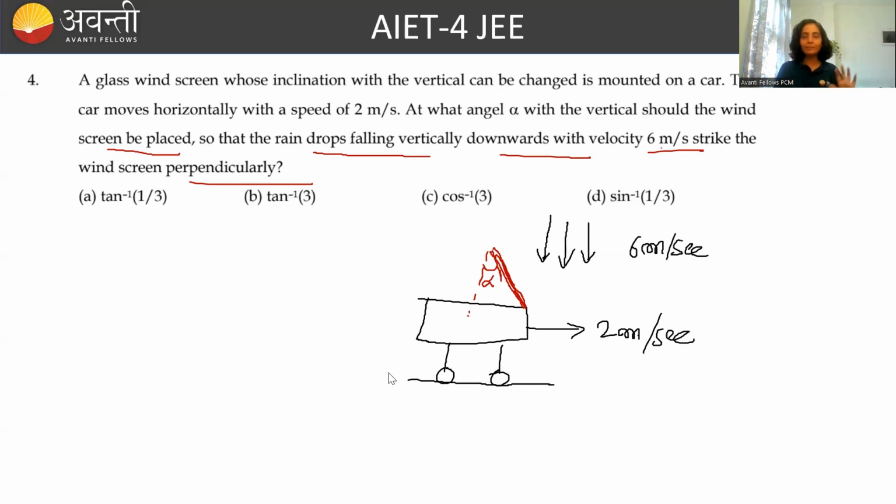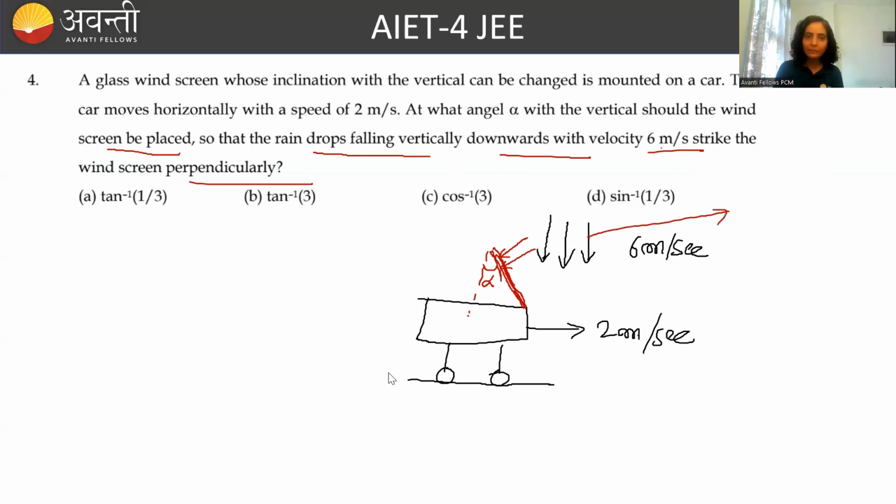If you are a person standing on the ground at rest, you will see the raindrop falling downward with a speed of 6 meter per second. But according to the question, to the wind shield, this raindrop will appear to fall like this. And what is the meaning of this?